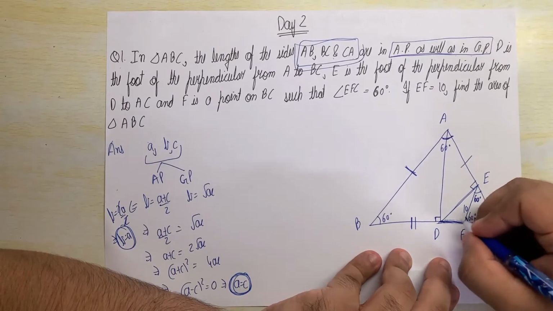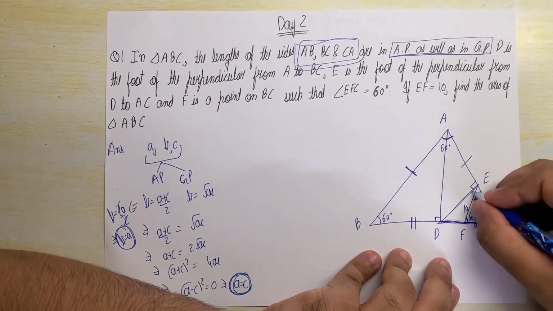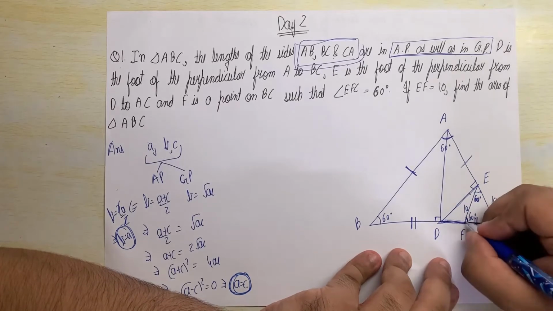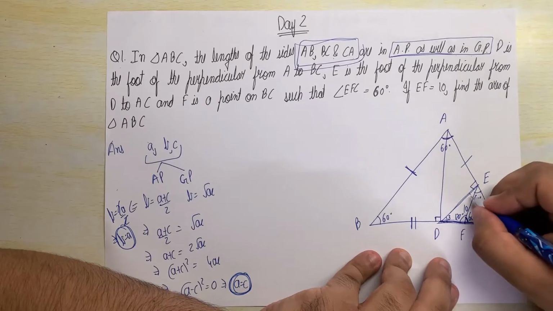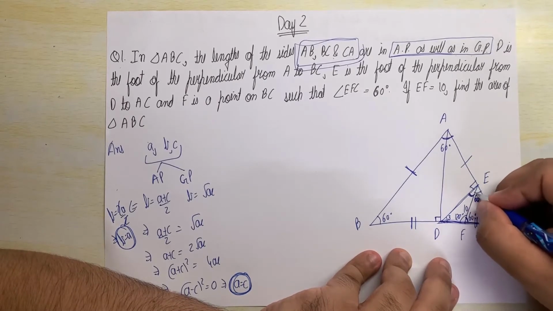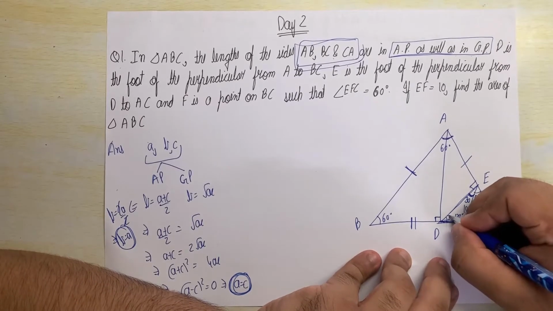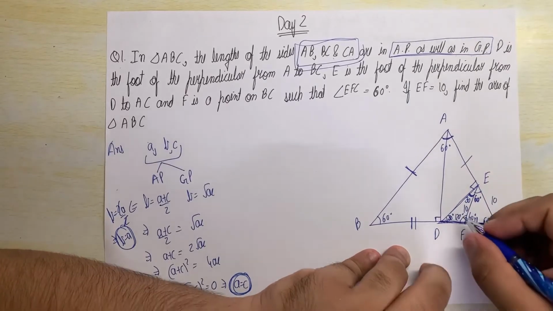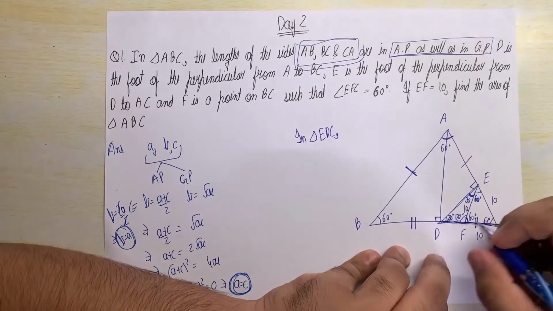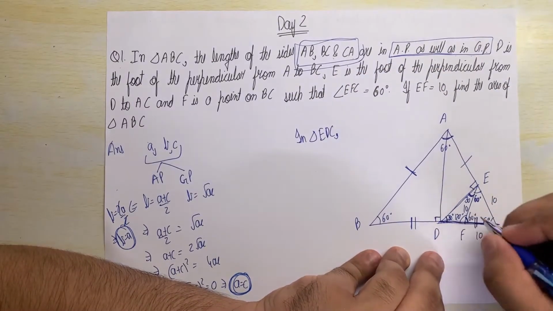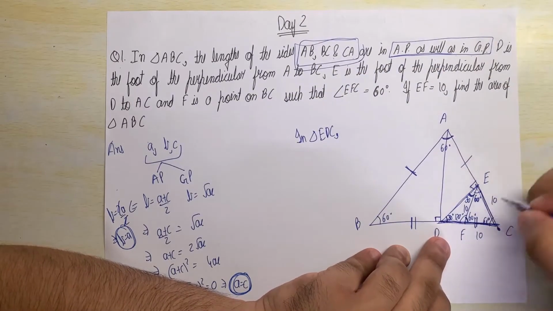Let us try to find all the angles first. Since this is 60, this would be 120. This would be 30. Since this is 90, this is 60. This would be 30, and this would also be 30, correct? Now if you note in triangle EDC, we have EC and DC.